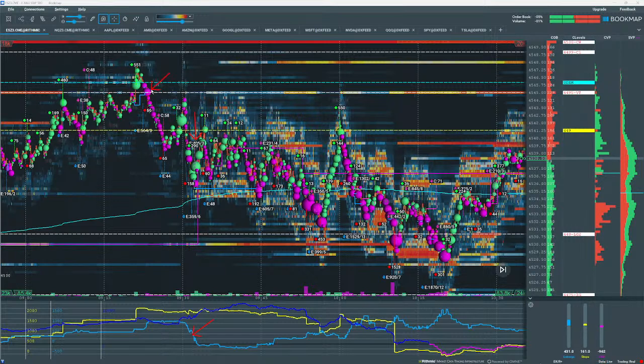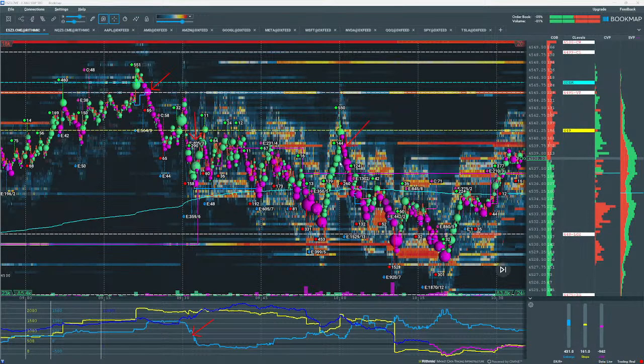Right here it was the shift, I'm talking about the shift from green volume dots to magenta volume dots. The volume dots are market buy minus sell. Green dot means there are more buyers than sellers. A magenta dot means there are more sellers than buyers. Here the read is a little bit more clear.